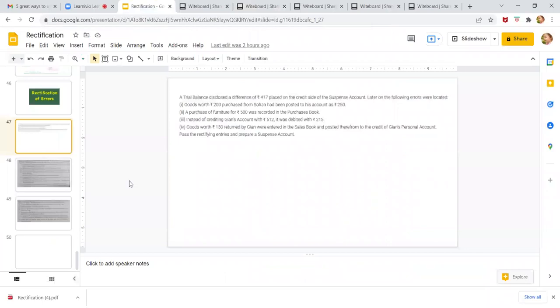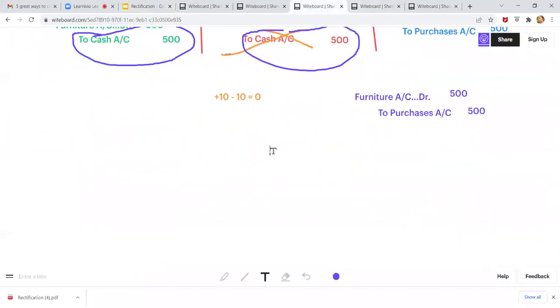Now, the third part is: instead of crediting Jian's account with 512 rupees, it was debited with 215 rupees, right? See what happens here.